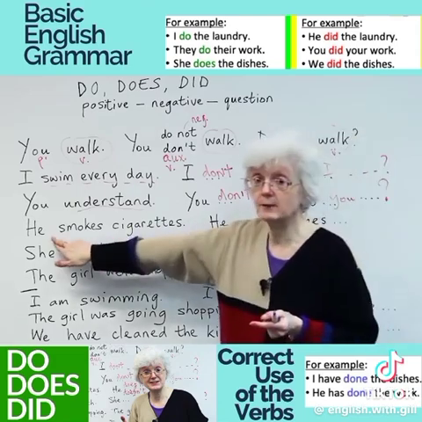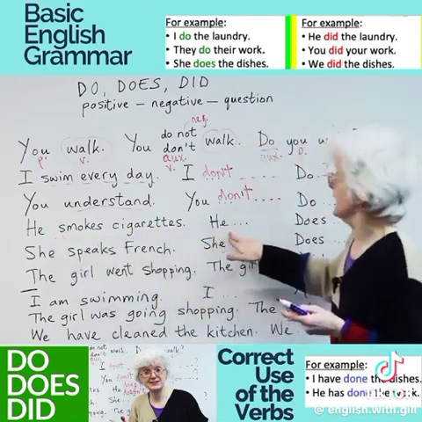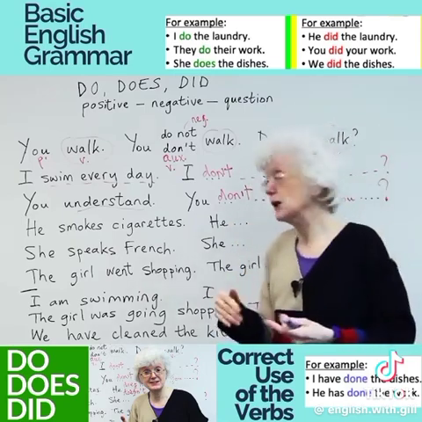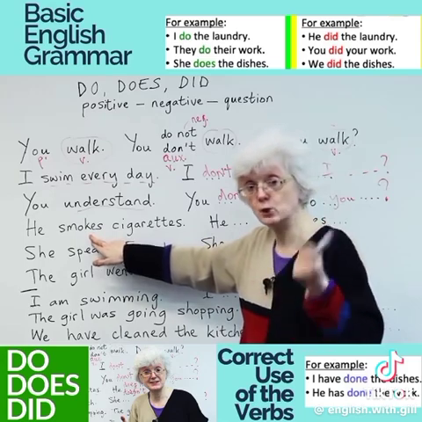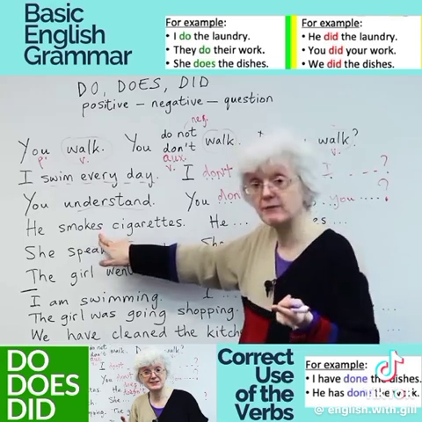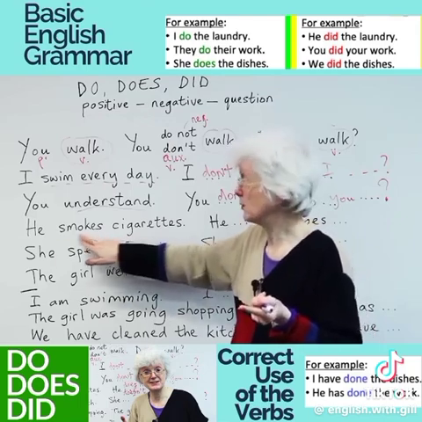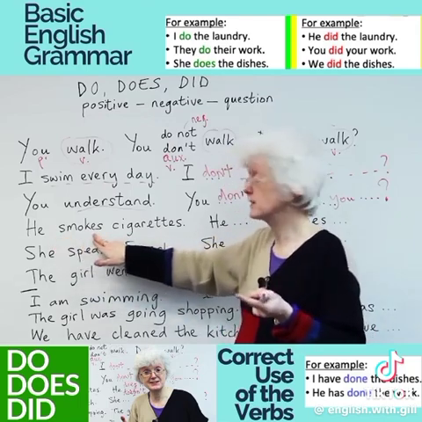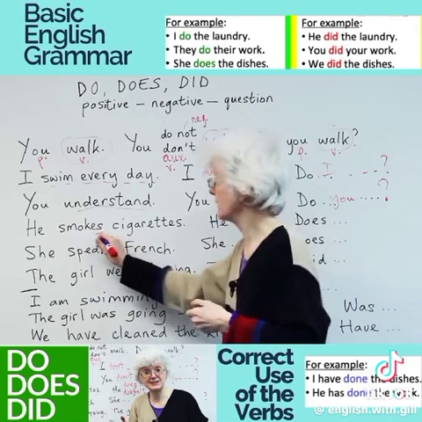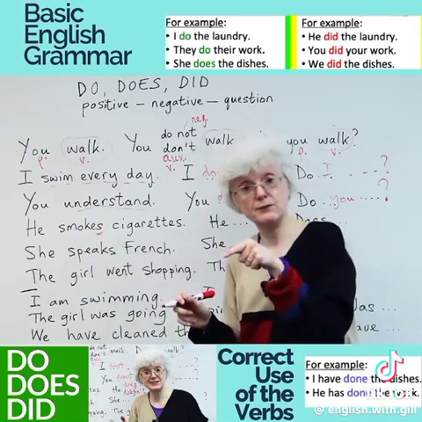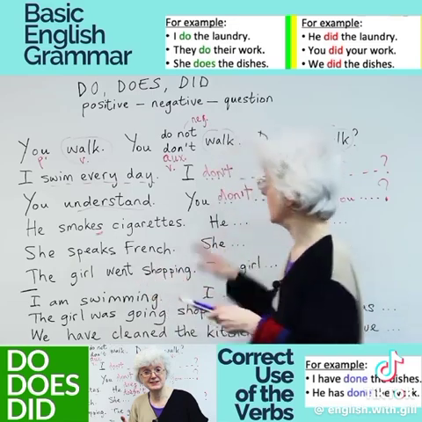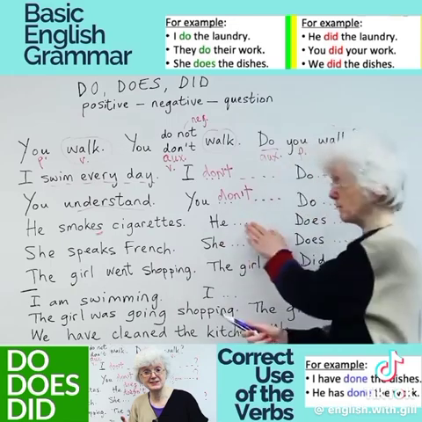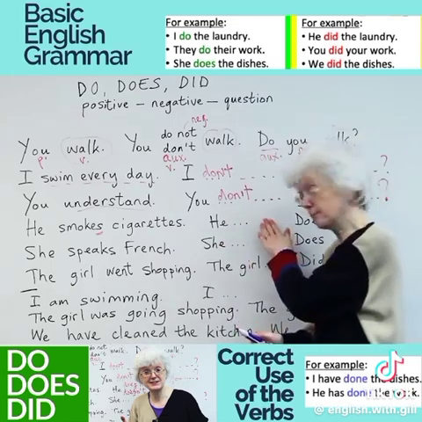Because we're talking about he, we have to change the verb. If it was, for example, I smoke, you smoke, we don't have the S on the end. But because we've got he smokes, this is where we put the S on the end of the verb. He, she, it smokes. So that affects what happens here.